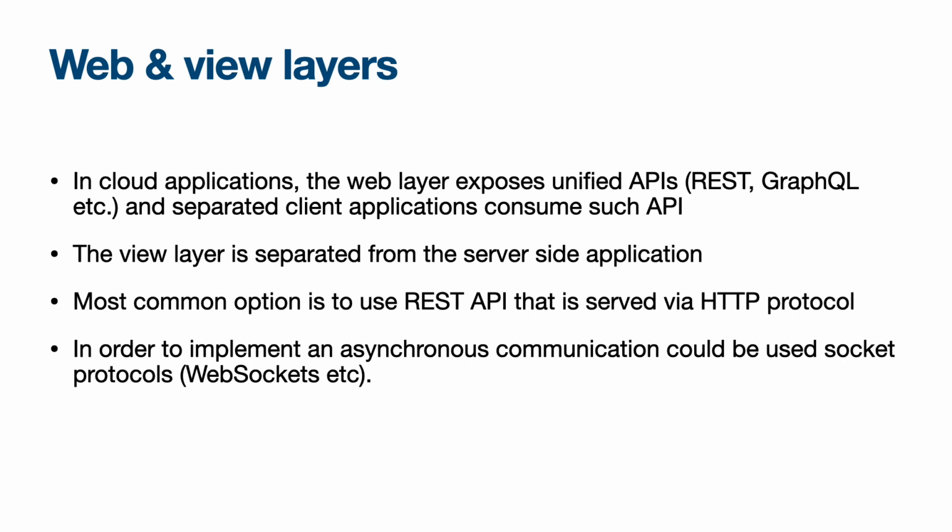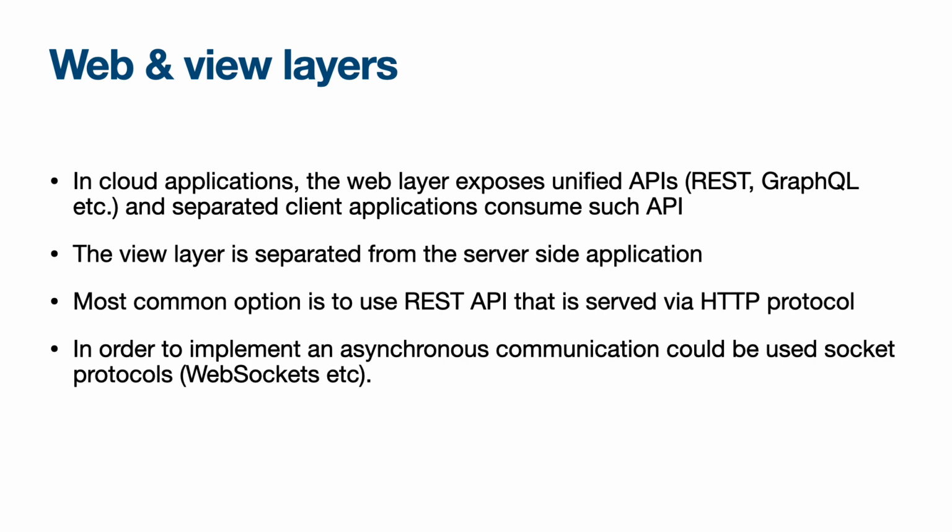In cloud applications, the web layer exposes unified APIs that are defined with some specification. Usually we talk about REST, but it also could be GraphQL or other solutions, and how to use GraphQL with Vertx is a separate topic. In this series we focus on the REST API.